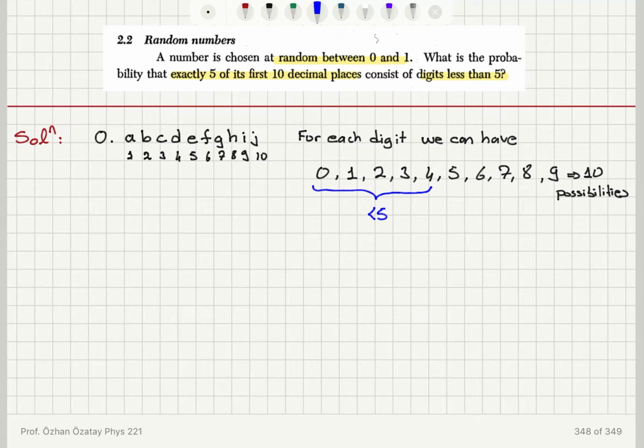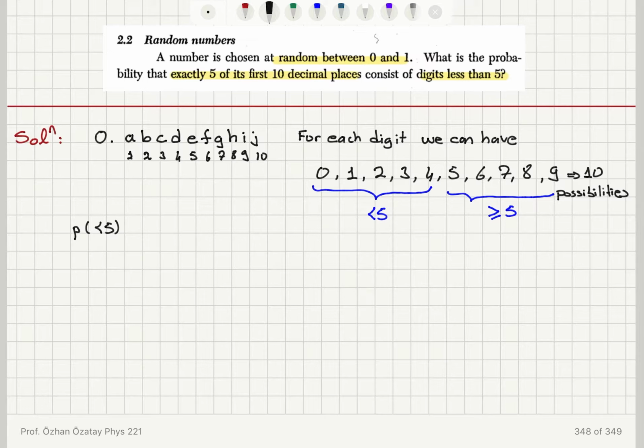And 5, 6, 7, 8, and 9, these are greater or equal to 5. So then I ask the question, for a given digit, what is the probability of having a value less than 5? Or I can ask, what is the probability of having a value greater or equal to 5?